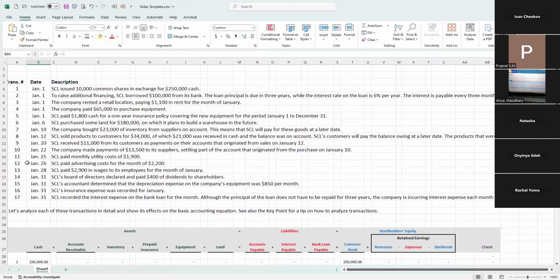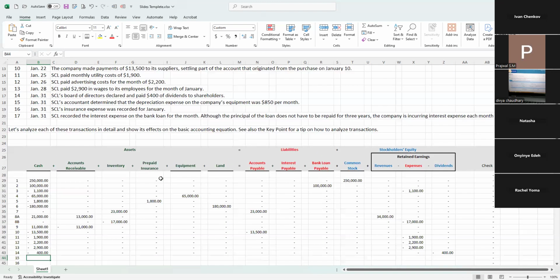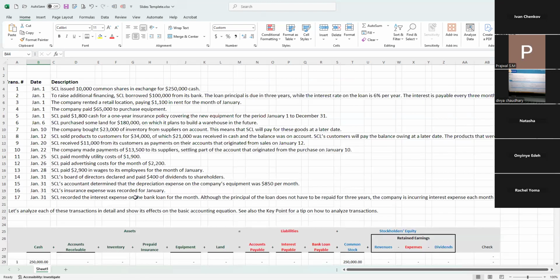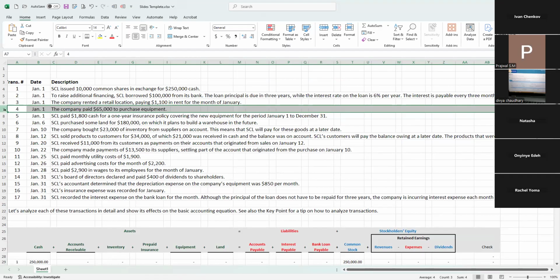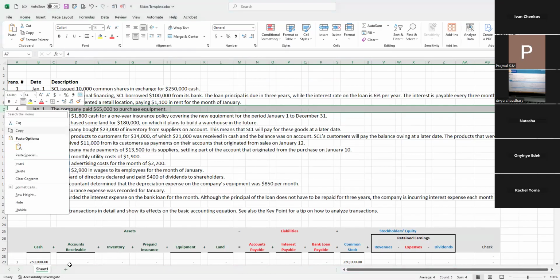Here it's given 850, but let's come to the point. Depreciation is related to the long-term assets, which is equipment, right? 65,000. In transaction 4, we purchased this equipment.